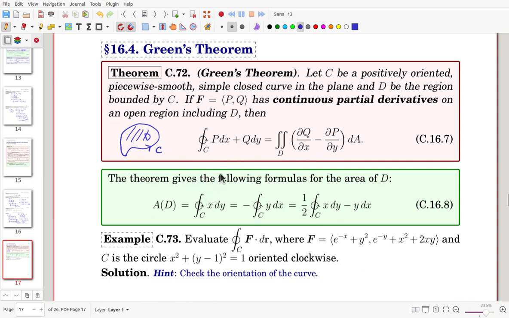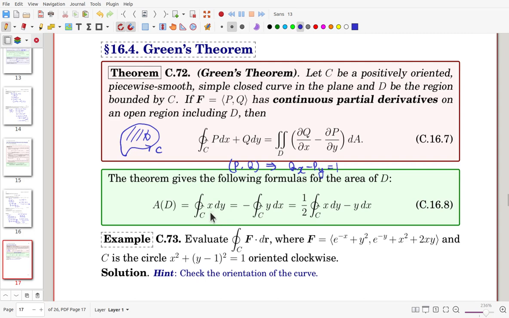And once we choose here the quantity to be 1, then that will be the area. So we can choose P and Q, or the vector field, such that the quantity Q sub x minus P sub y equals 1. That is, for example, now Q is x and P is 0, then we have 1. So that is one example.